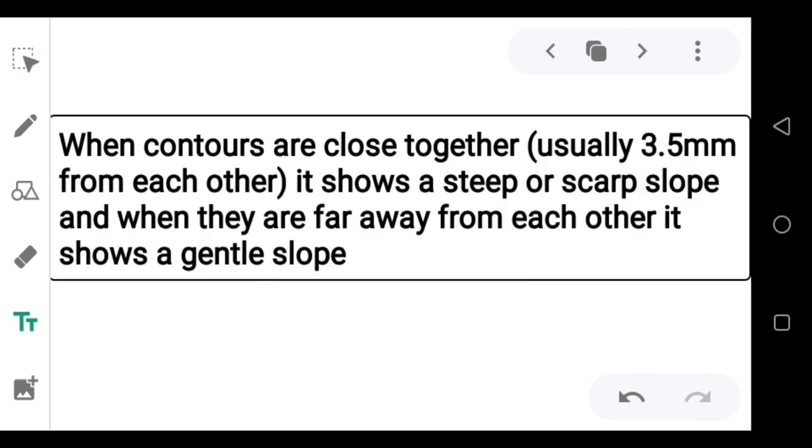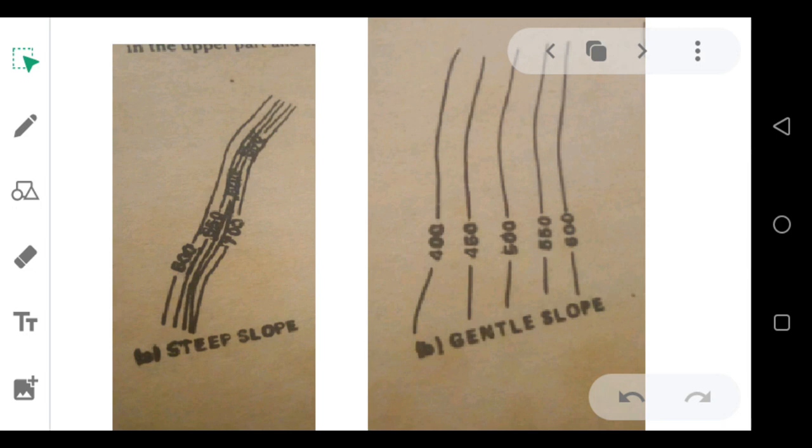Now, when contours are close together, usually 3.5 mm from each other, it shows a steep or scarp slope. And when contours are far away from each other, it shows a gentle slope.